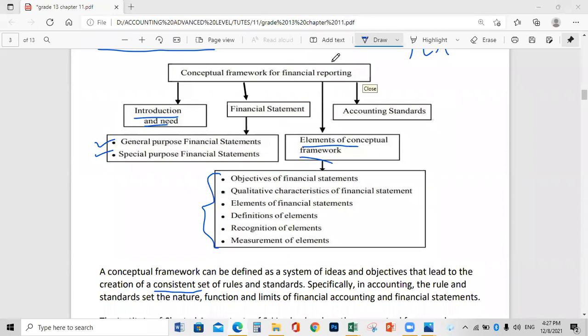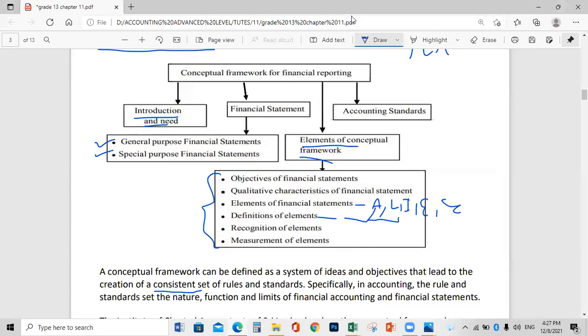Okay, and then after that, elements of financial statements. Elements, you all know already. What are the elements of financial statements? Asset, liability, income, expense, and equity. Then you're going to study the definition of them. You're going to study what an asset is based on the conceptual framework, what a liability is.